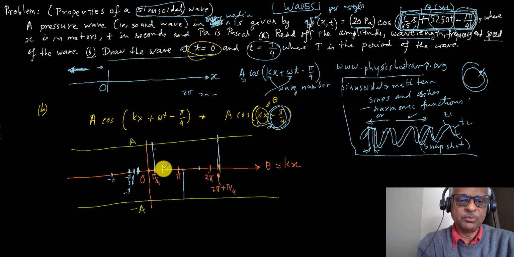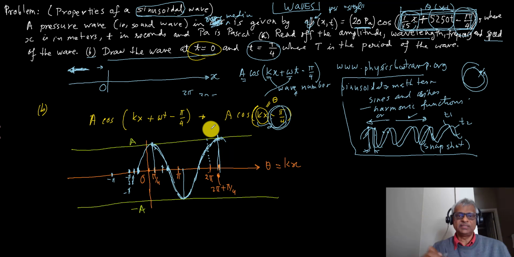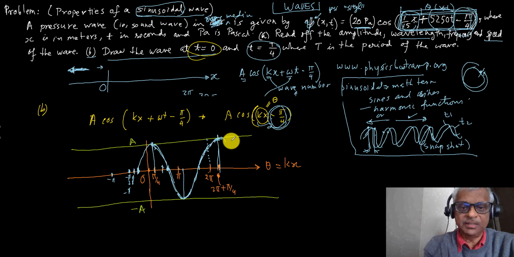So this is where the 0 is. It's like this. So this is it. I can repeat this.